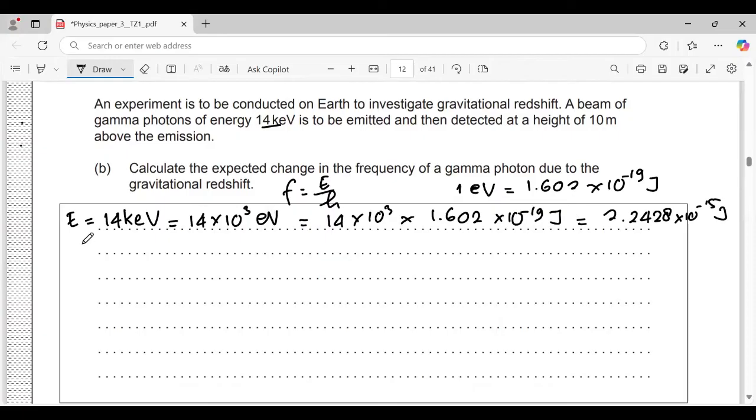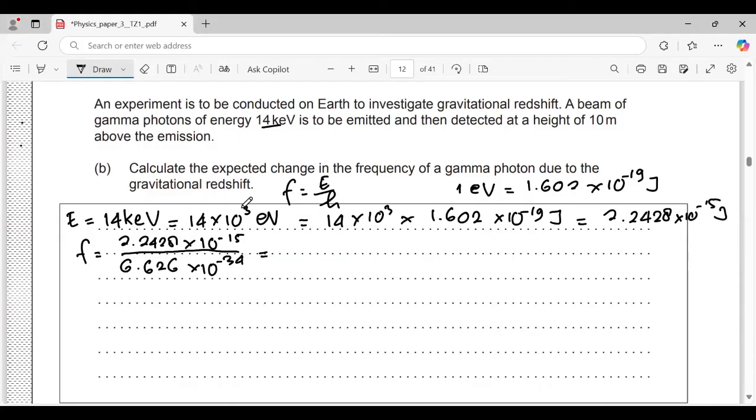Next, substitute into this formula. So f equals 2.2428 times 10 to the power minus 15 over 6.626 times 10 to the power minus 34.